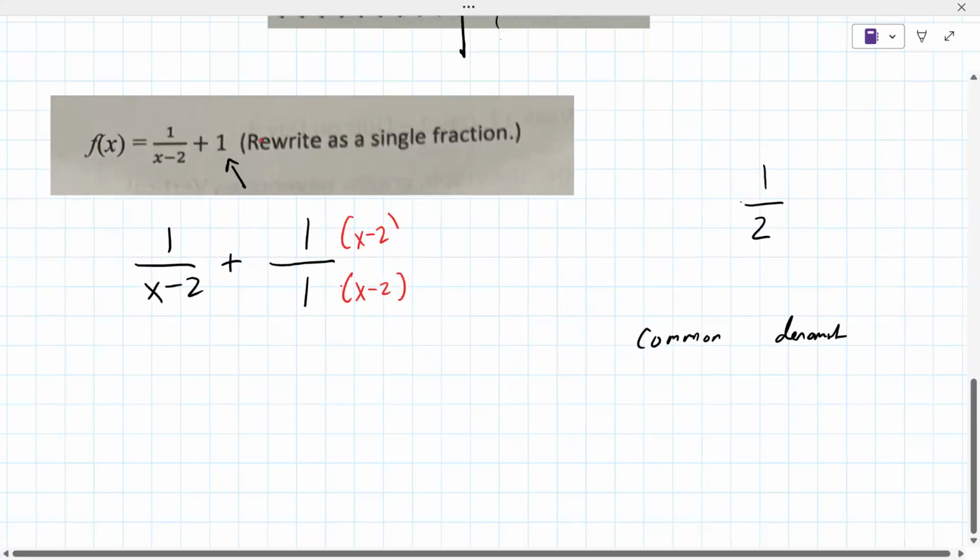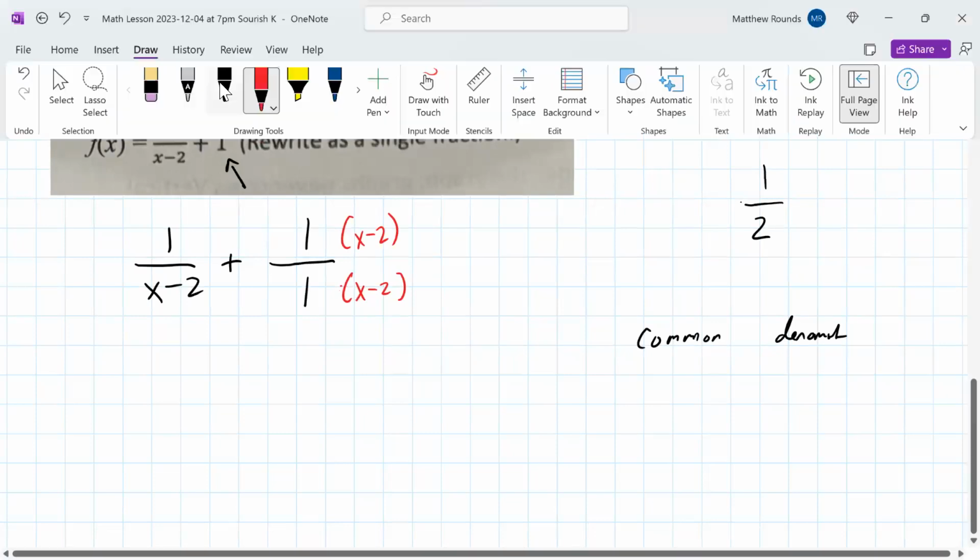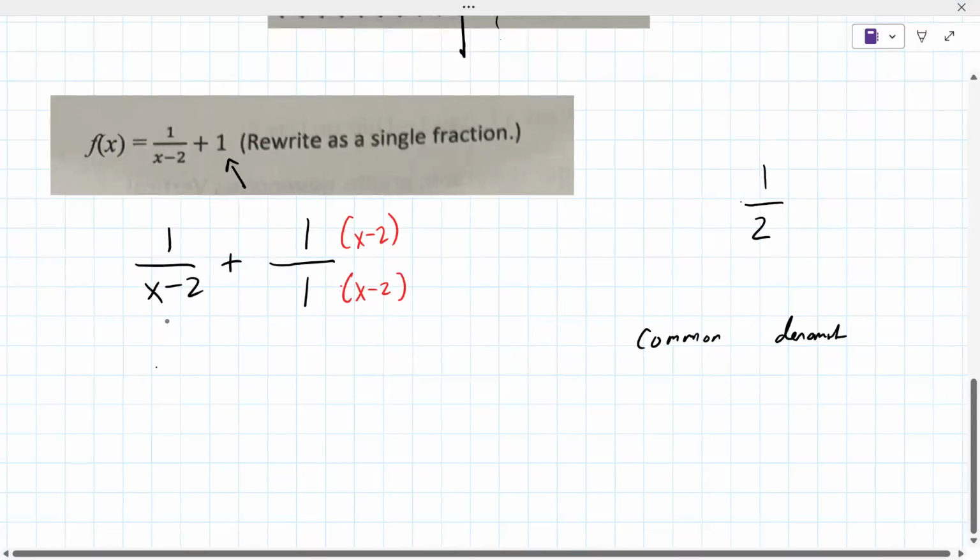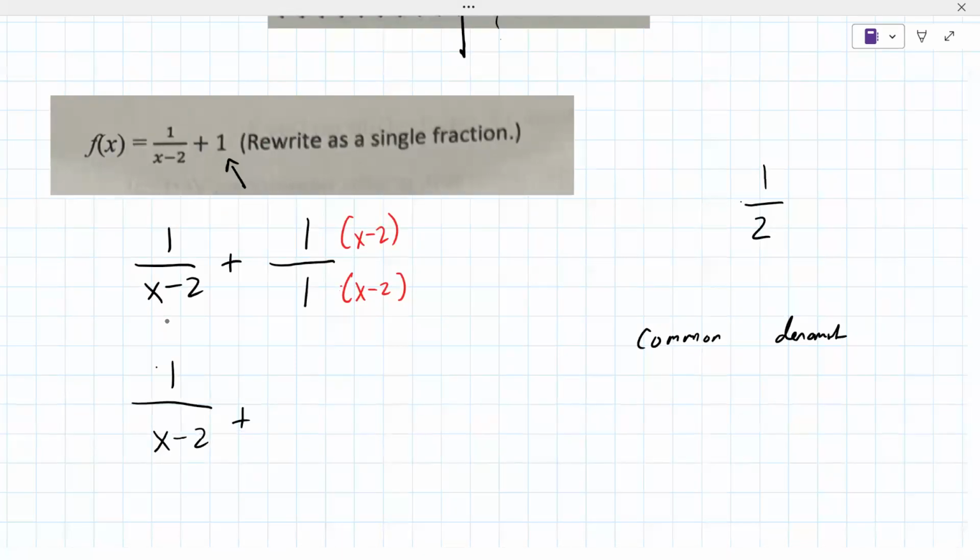All right, so you're going to multiply top and bottom by x minus 2. So on the right, it's just x minus 2 over x minus 2. Is that clear? Yeah.